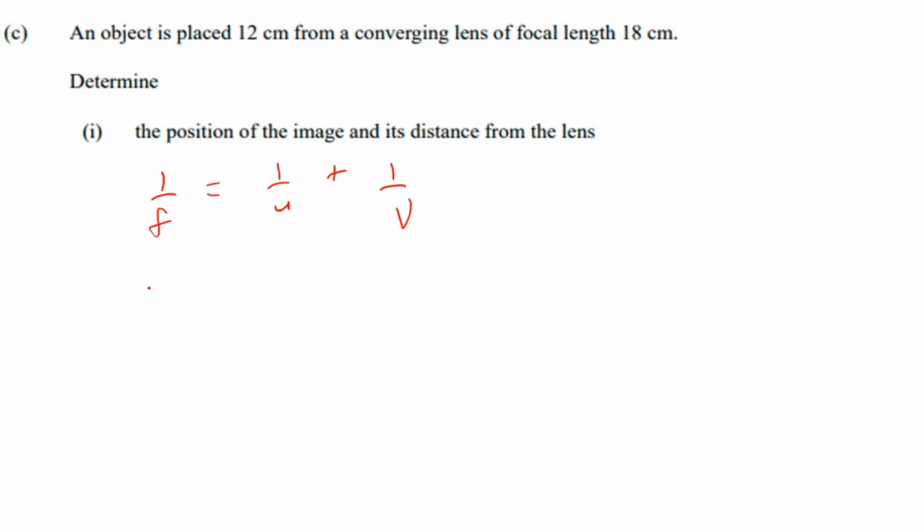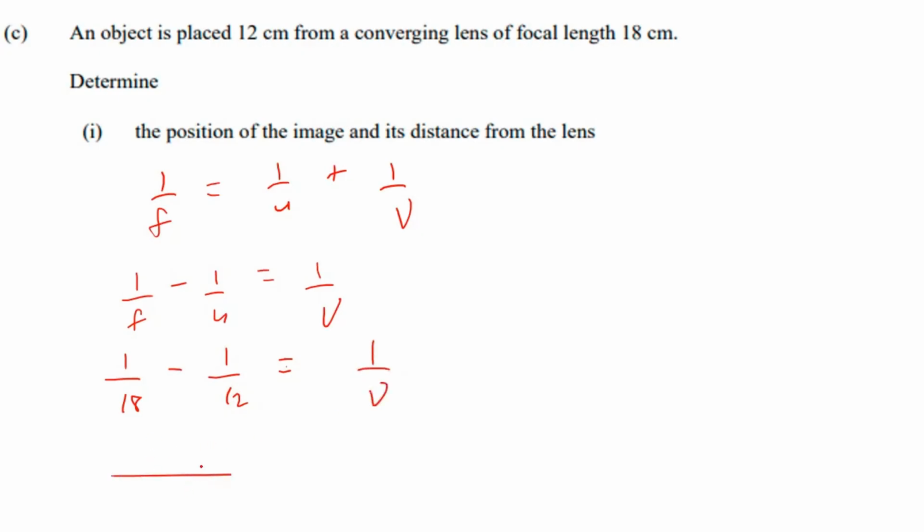So we're trying to find V. So 1 upon F minus 1 upon U is equal to 1 upon V. We have 1 upon 18 minus 1 upon 12. And I guess in this case, you don't necessarily need to convert the centimeters, because at the end of the day, your answer will be in centimeters and you can work with that.